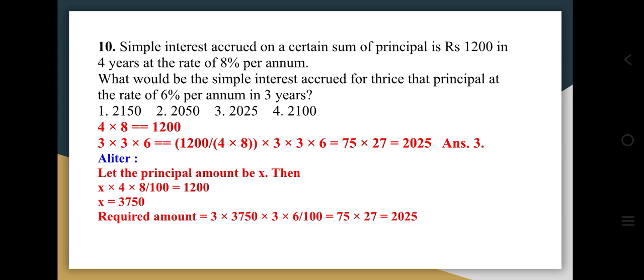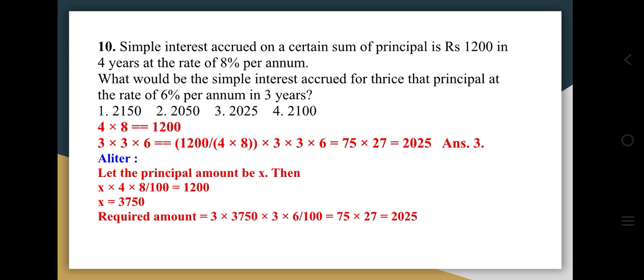If you take the principal amount as x, then for 4 years at 8% rate, the interest for the amount x is x into 4 into 8 by 100. We are given that this is equal to 1200.